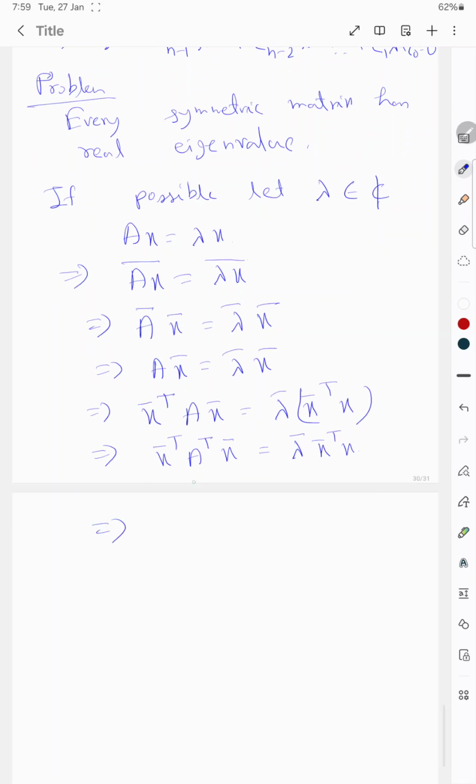You know why I am writing this, because A transpose equals A, right? Now this you can write as A x bar whole transpose into x equal to lambda bar x bar transpose into x, right? Now what is your A x bar?